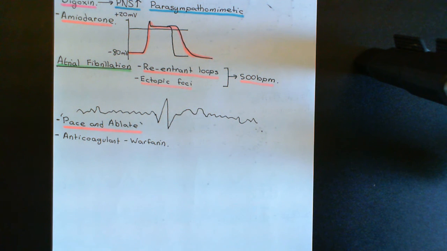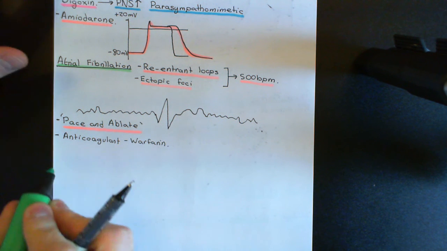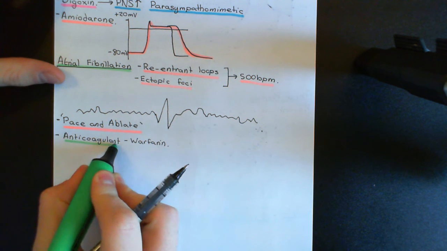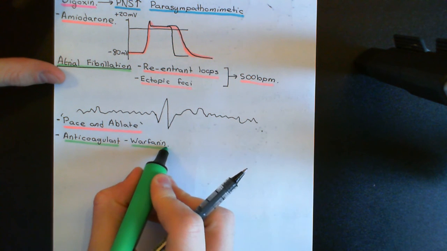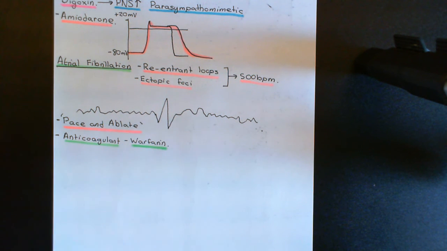So to prevent myocardial infarction and stroke due to thromboemboli blocking blood vessels of the coronary and cerebral circulations, we place people who are suffering with atrial fibrillation on a powerful anticoagulant, and the usual one is warfarin. And warfarin, of course, works by preventing the synthesis of loads of the coagulation factors.